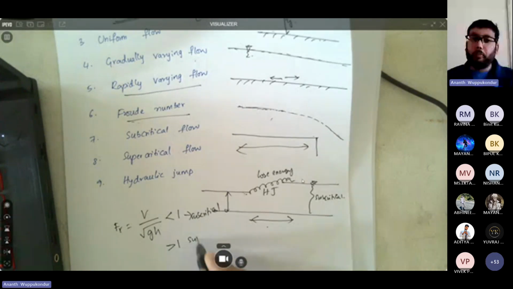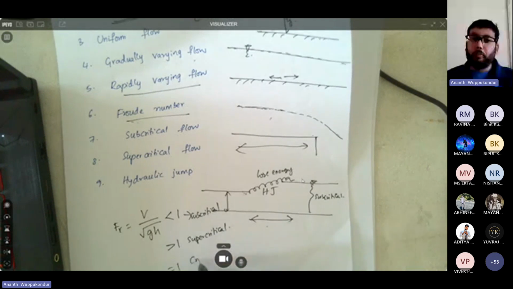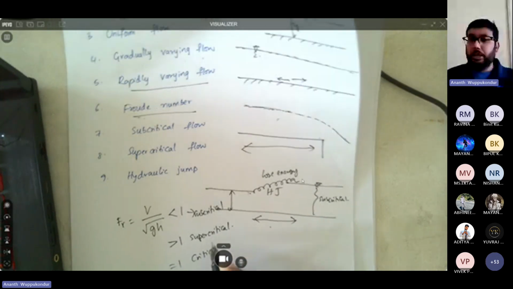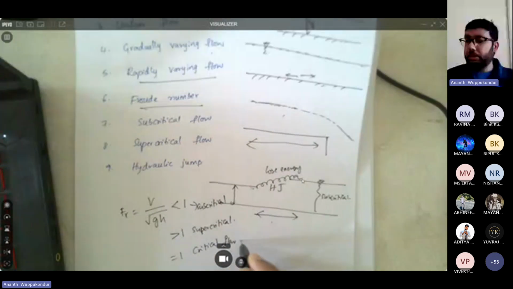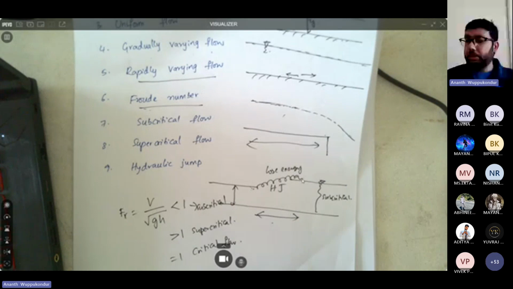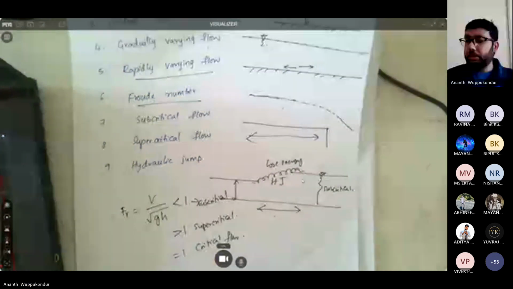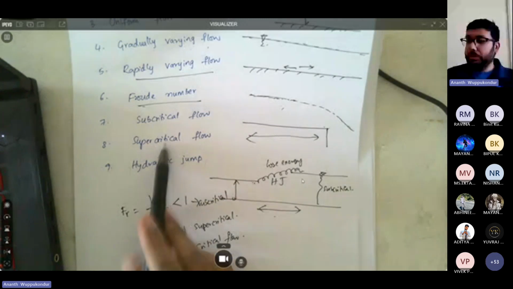So when you have a supercritical flow joining a subcritical flow, what you would see is a hydraulic jump. And a hydraulic jump forms to lose energy because you have a transition between high energy flow to low energy flow. Then you have depths D1 and D2, which are called conjugate depths.